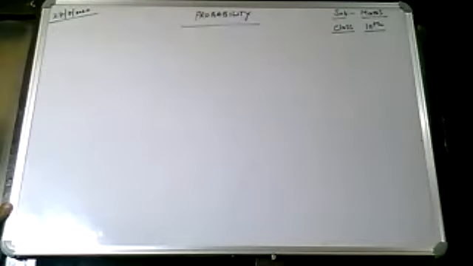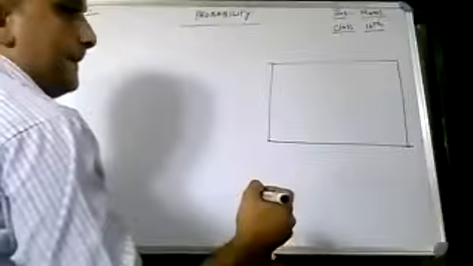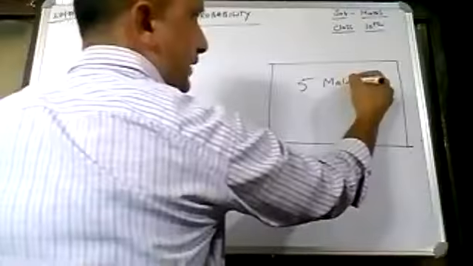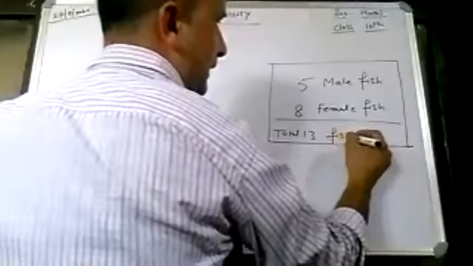Okay, let's go to the next one. Read out the next question. Gopi buys a fish from a shop for his aquarium. The shopkeeper takes out one fish at random from a tank containing 5 male fish and 8 female fish. So the total is 13 fish. What do we need to find? Read it.